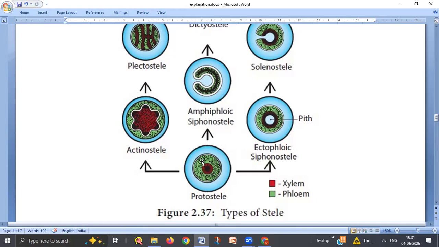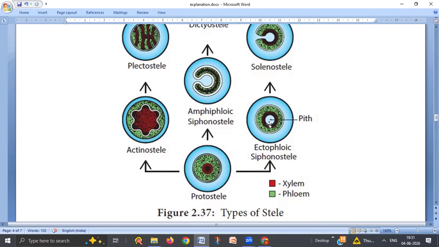That is protostele. The difference between siphonostele and protostele is that in siphonostele there is a pith or medulla at the center. In the process of evolution, the most primitive is protostele, and from that we see the slightly advanced siphonostele.